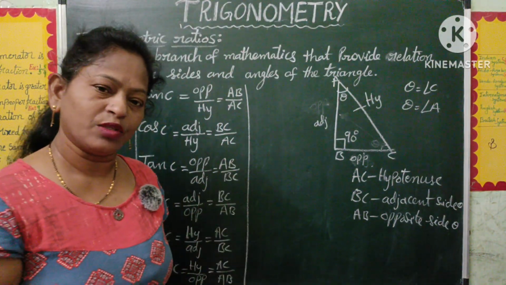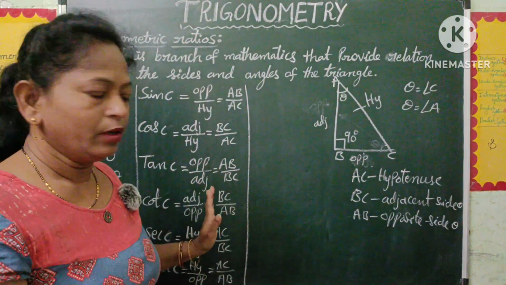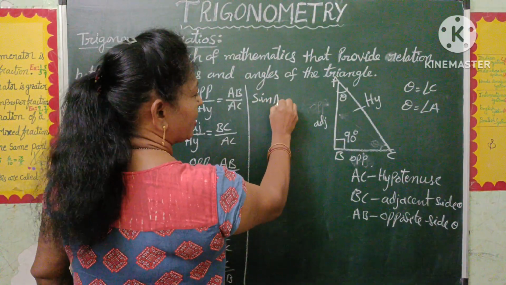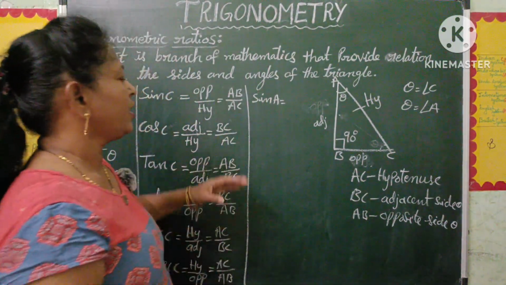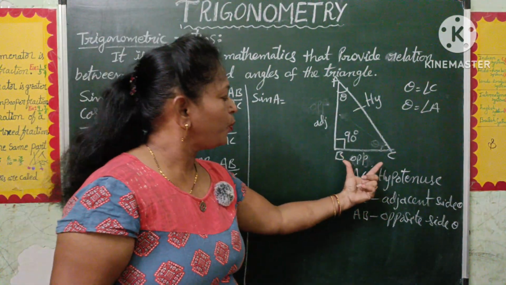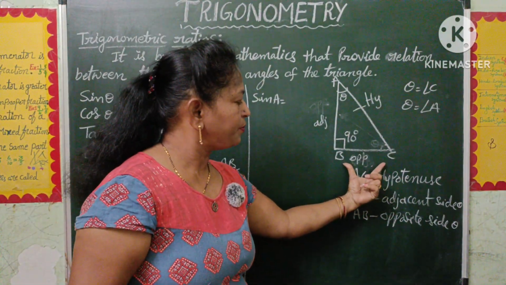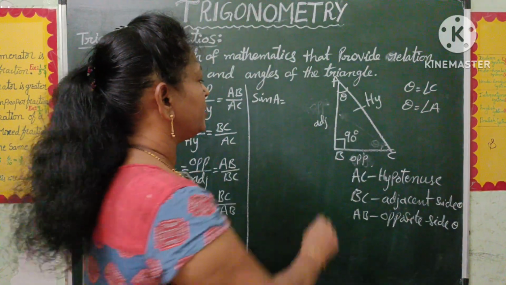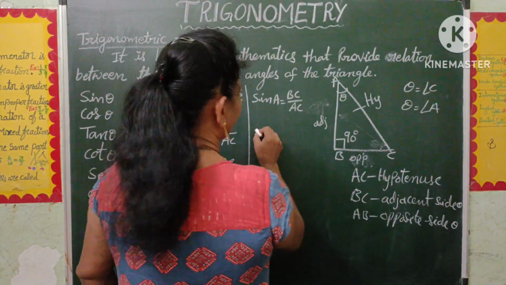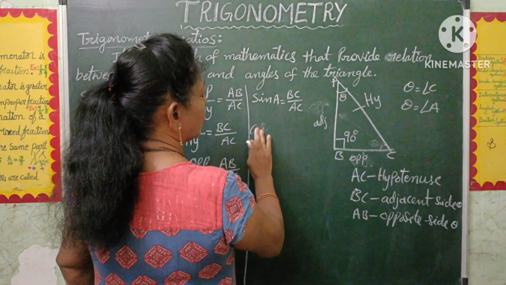Based on this, we write the 6 ratios again. First sin theta, sin A. Sin A means opposite by hypotenuse. Here the opposite side is BC, so BC by AC.